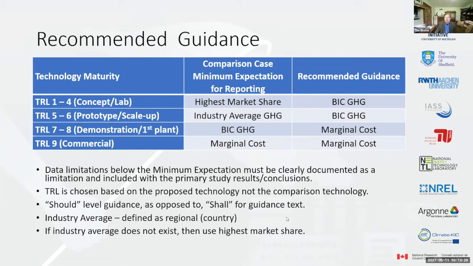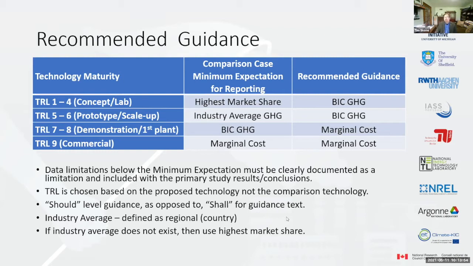TRL 7 to 8 is more demonstration to the first plant of commercialization. And then TRL 9 is the first, second, and third plants of commercialization moving forward as it enters into the markets. Now, some of these definitions from different groups have slightly different variations, and we have a task force that's worked on harmonizing those as well, that we look forward to hearing from in the near future.